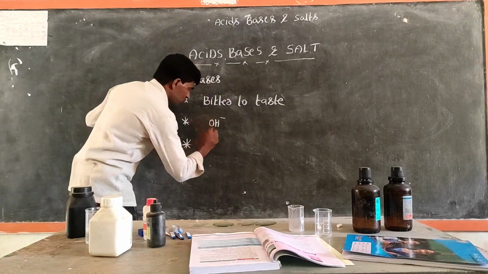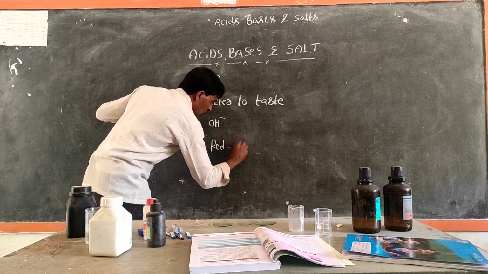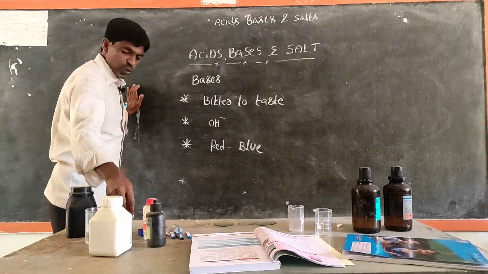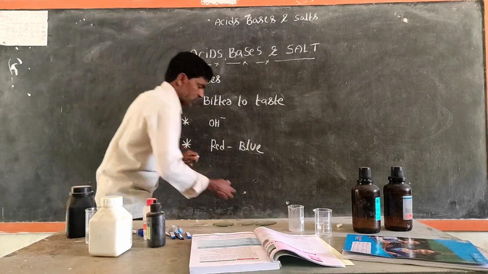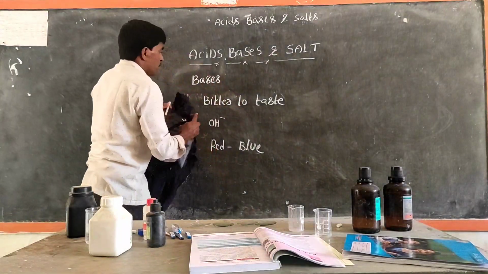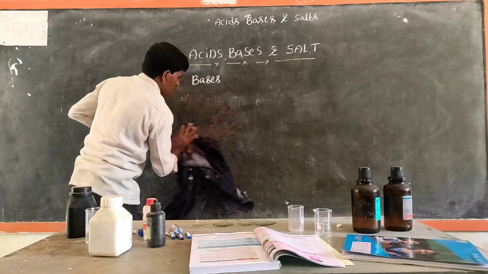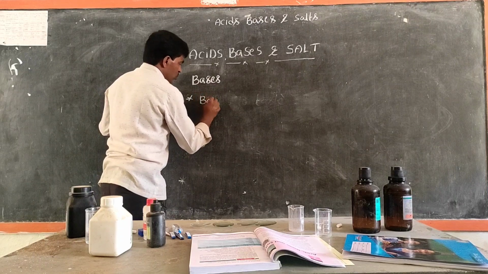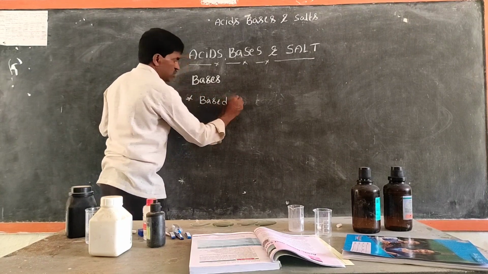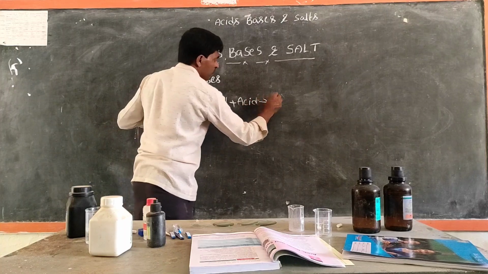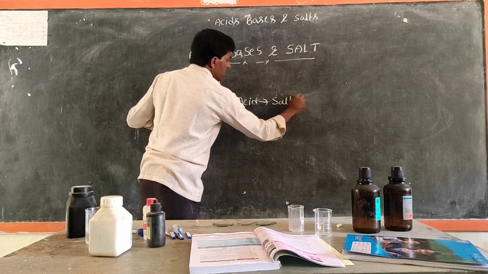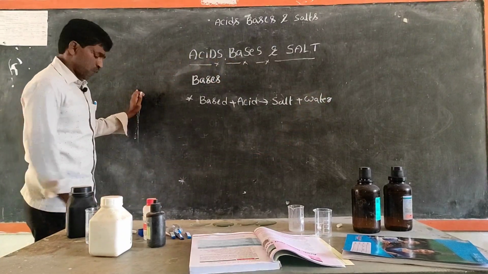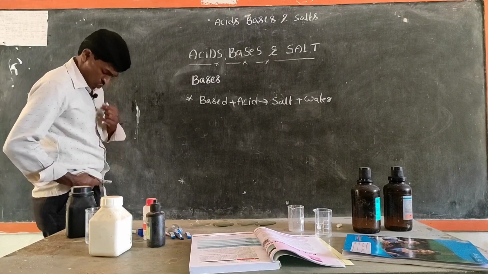Bases turn red litmus to blue. Bases react with the acids to form salt and water.